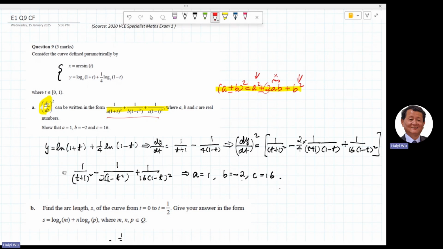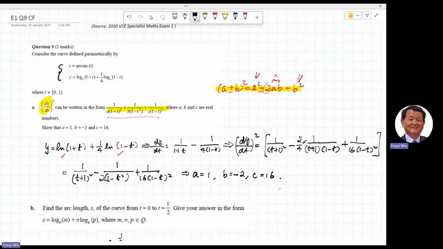So let's do that. We use y equal to ln, and copy this question. The derivative of y with respect to t is 1 over t, actually I'll put 1 plus t, just to make sure it matches up, and minus, because it's negative, 1 divided by 4 times the bracket t, 1 minus t.